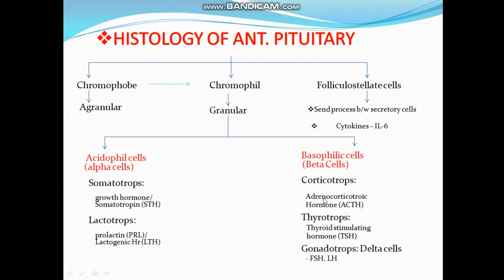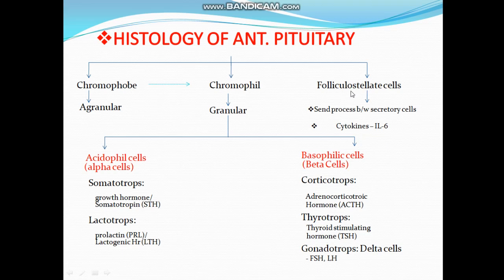The cells of the anterior pituitary gland that contain basophilic granules take stain from basophilic dyes like hematoxylin. These are of three types: corticotrophs, thyrotrophs, and gonadotrophs, which are also called delta cells.